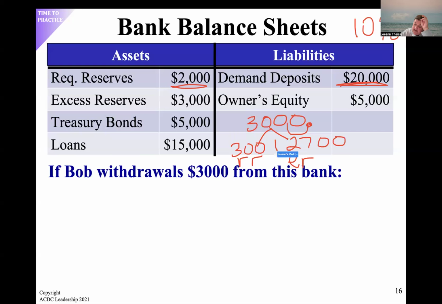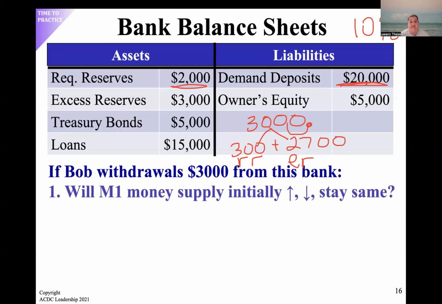And again, when I add those two together, it should give me $3,000. So I know I need 10%. So I split it like we did before. 10% is $300. The 90% that's left over is $2,700. So then it's going to say to us, will the M1 money supply initially go up, go down, or stay the same? Have we loaned anything out?